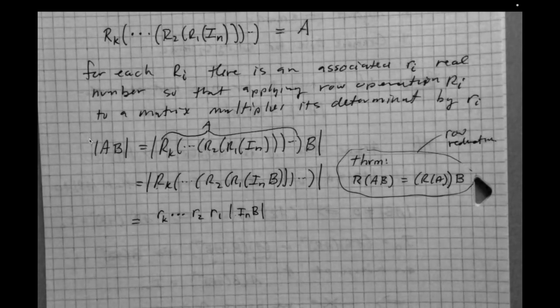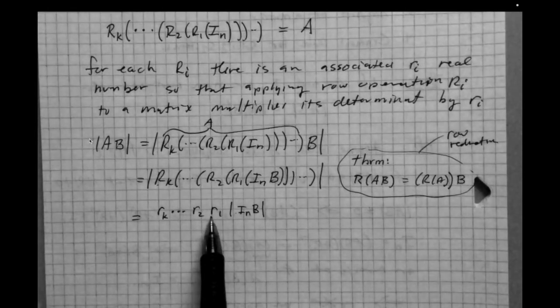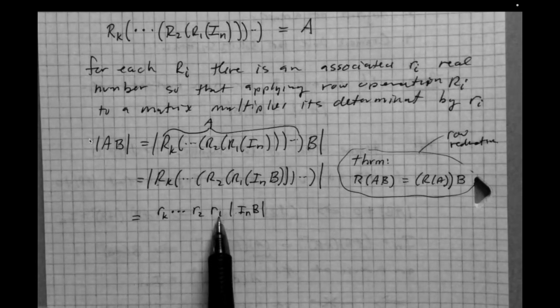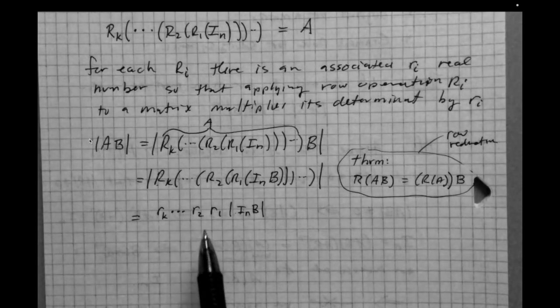It's very important to keep in mind what these numbers are. Remember, row operation 1 was multiplication by a scalar. So in that case, these numbers are going to be whatever scalar you multiply by.